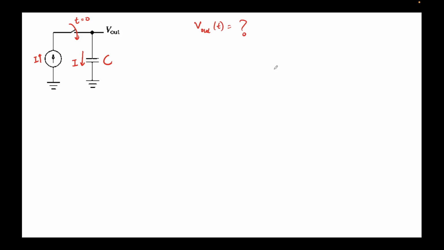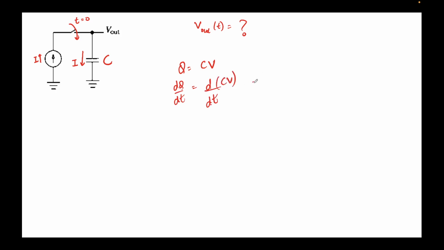So how to do that? We know that Q equals CV. This is the famous expression for a capacitor. Q is the charge stored on the plates, C is the capacitance, and V is the voltage. I'll differentiate with respect to time on both sides. So dq over dt equals d over dt of CV.